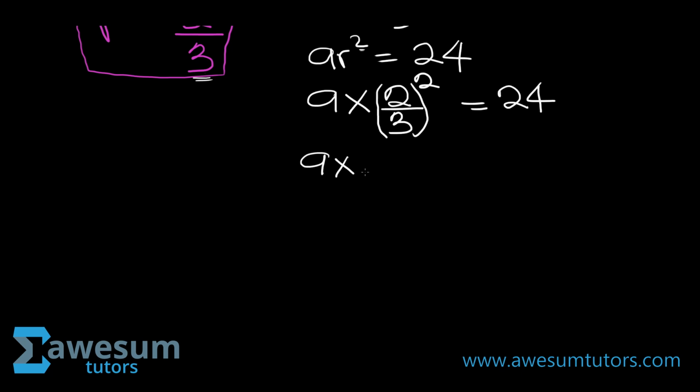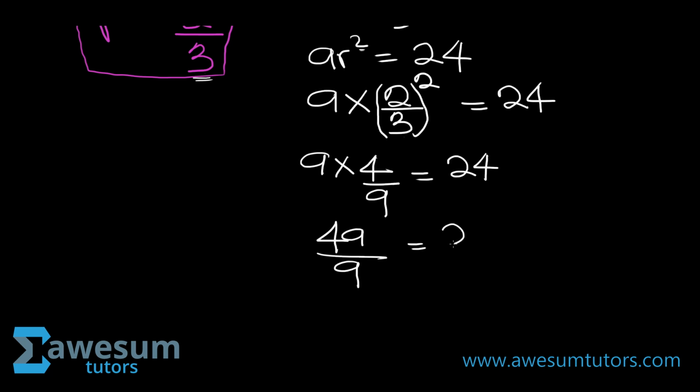Now let us open this bracket. 2 squared is going to give you 4. 3 squared is also going to give you 9. So this is equal to 24. So what we have right here is 4a over 9 equals 24.